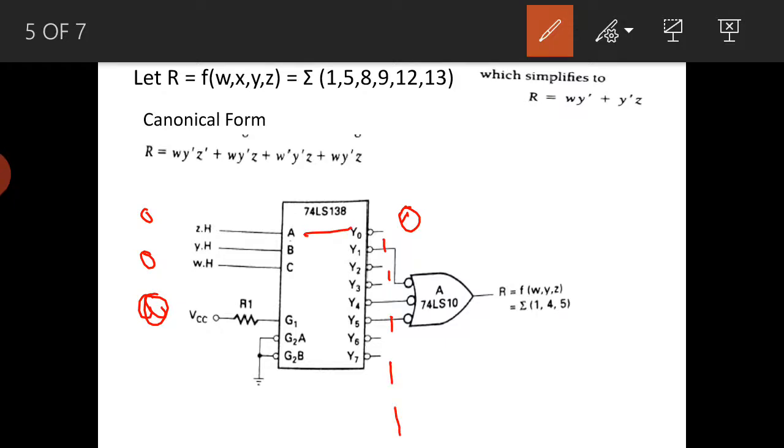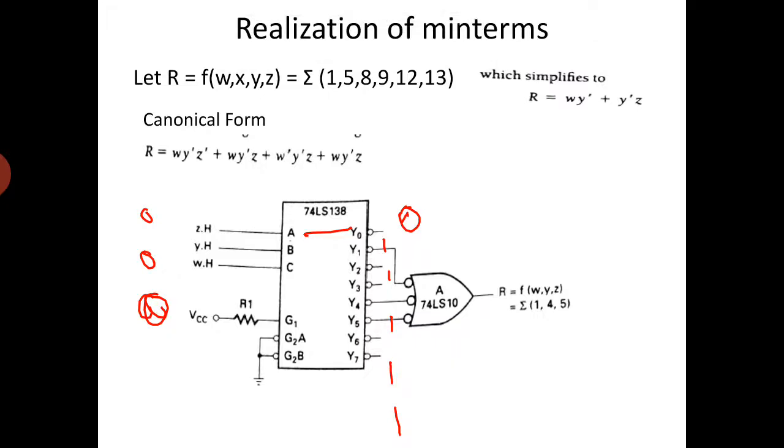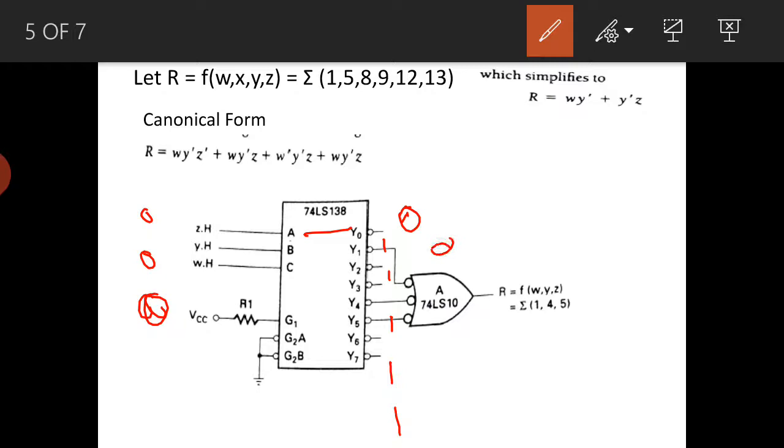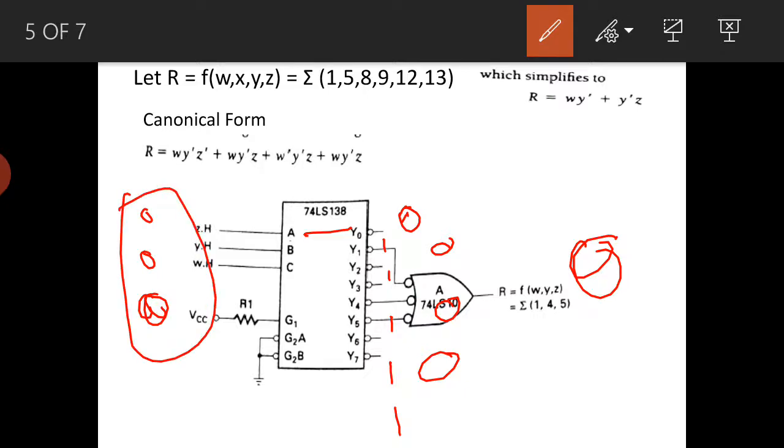If all are high and connected to this gate, the outputs after the bubble will be 0 0 0, so the output is 0. So there is no output from the circuit if I give 0 0 0, because 0 is not mentioned in the minterms. After simplification the minterms are 1 4 5, and 0 is not in 1 4 5, so the output is low, which means this is an active high circuit.